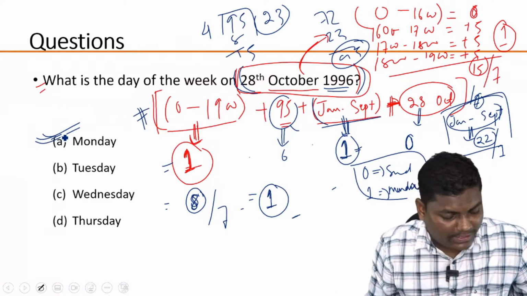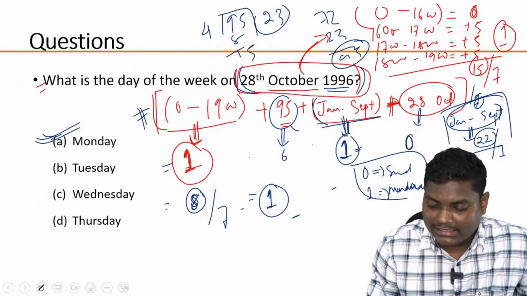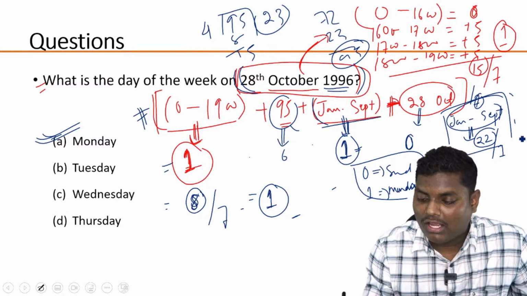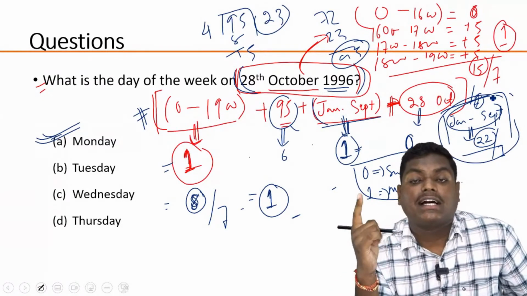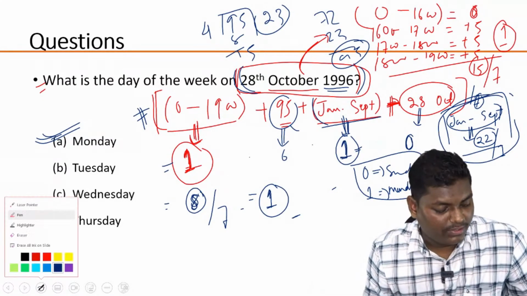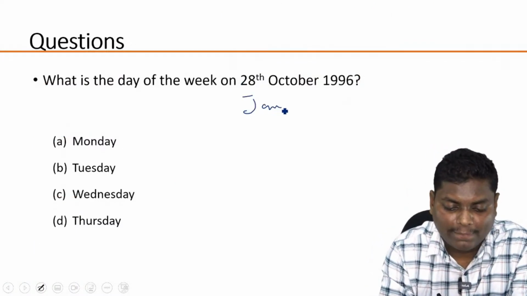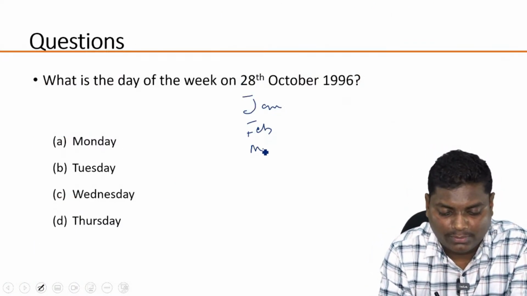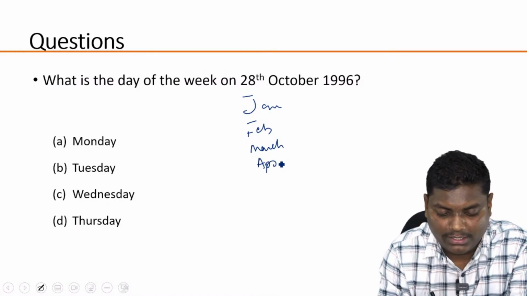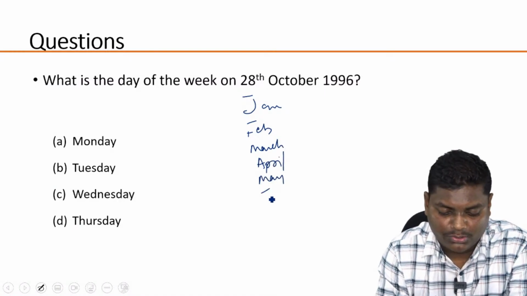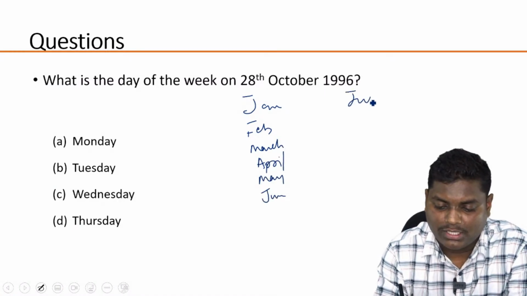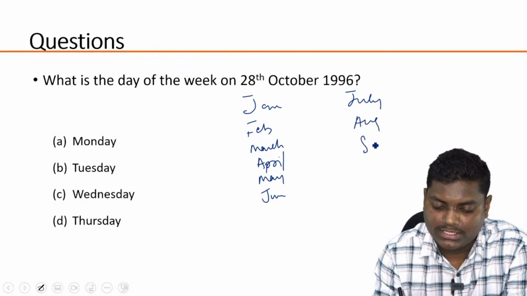Okay, Sanchari, I'll explain it again. So this thing is clear. Now I will explain how the number of odd days is 22 for January to September. So January, February, March, April, May, June, July, August, September.